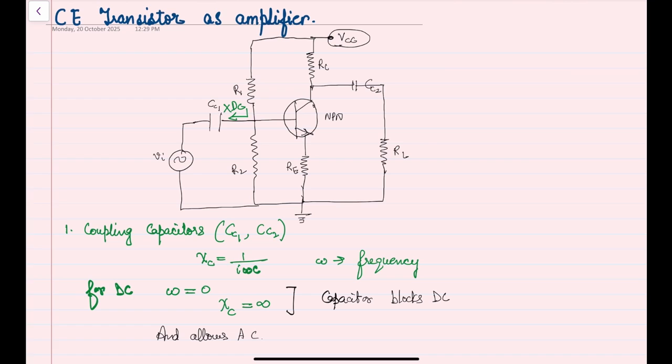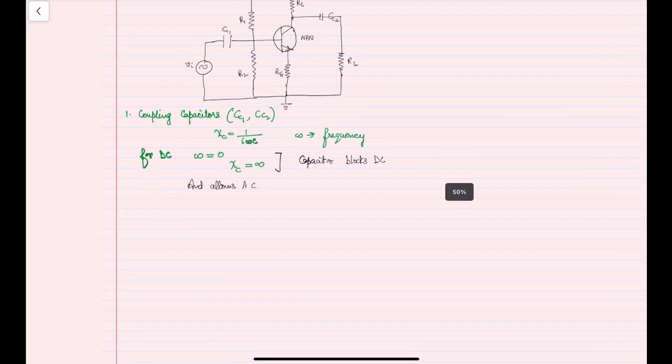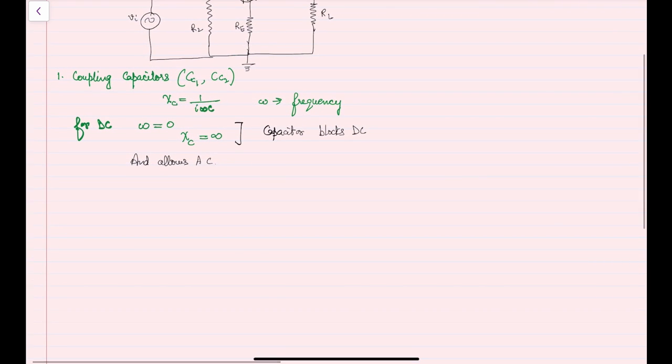Similarly, CC2 also blocks the DC from VCC from coming into the output signal. Hence these are called blocking capacitors, as they block the DC, and they are also named coupling capacitors.